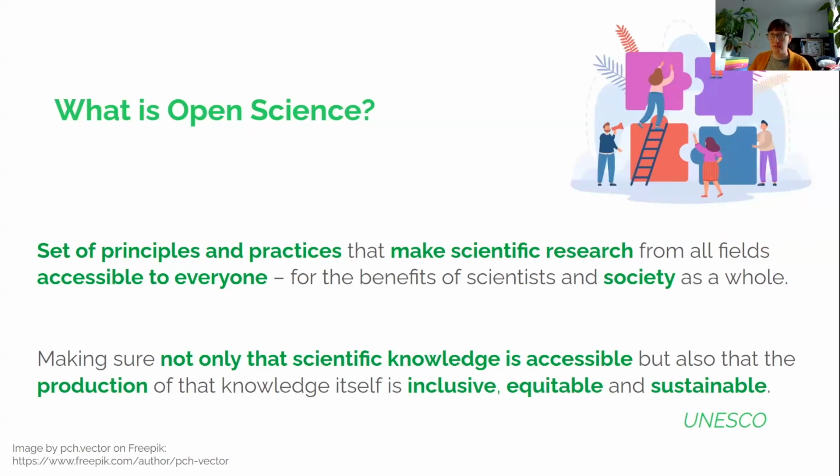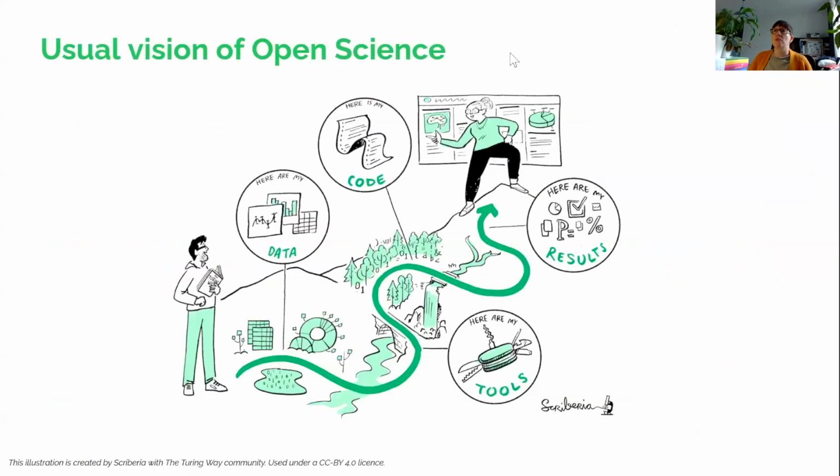Let's not forget about society, because it's who we do the science for. I really want to insist on mentioning that the production of knowledge itself should be inclusive, equitable, and sustainable. So this is the usual vision of open science.